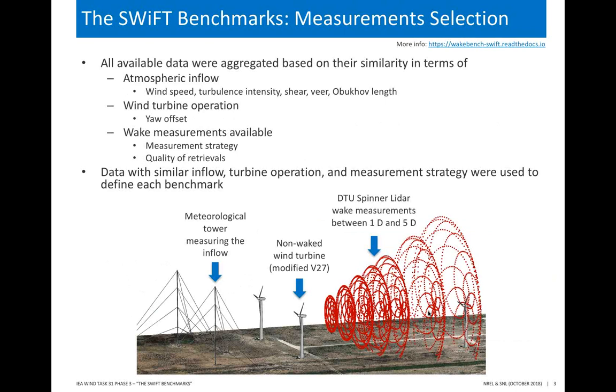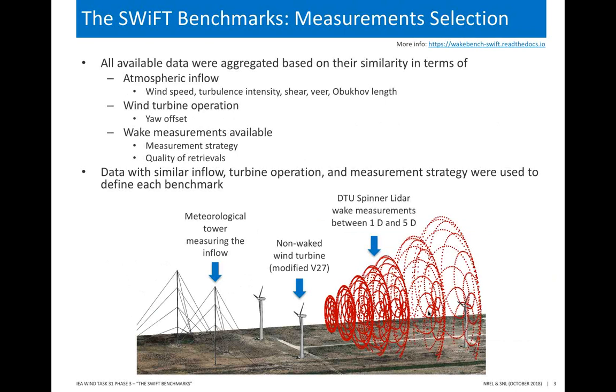So in terms of the atmospheric wind flow, we consider the hub height wind speed and turbulence intensity, the shear, all of these estimated from that upstream met tower, the veer, and also the Obukhov length from the lowest sonic measurement in the met mast. We also looked at yaw offset. We wanted that to be as small as possible, and at the wake measurements that were available during the period.